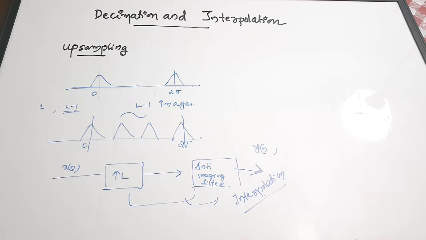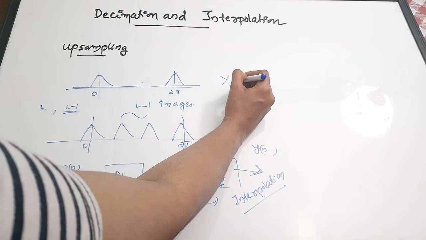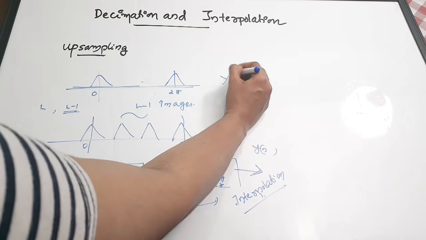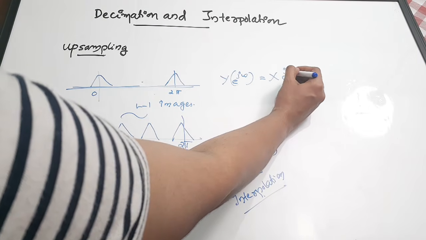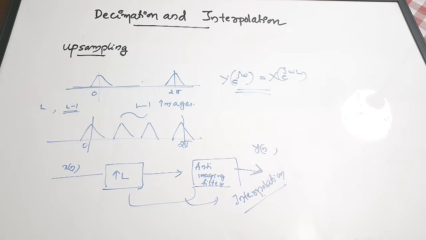And if you want to write the frequency domain equation for your output, Y of e raised to j omega will be X of e raised to j omega L. So that's all about interpolation.